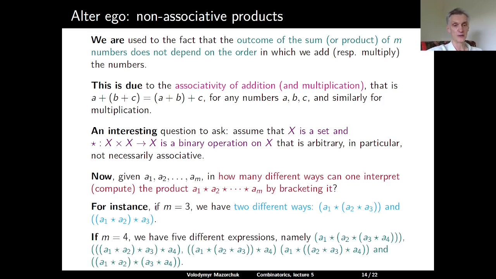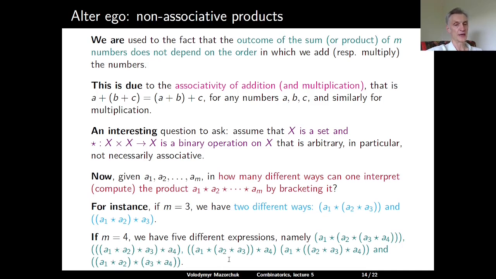If m is equal to 4, then we have 5 different expressions. Namely, if we want to multiply a1, a2, a3, and a4, we can first multiply a3 and a4, then multiply the outcome with a2, and then multiply the outcome with a1. Or we multiply a1 and a2, then multiply the outcome with a3, and then with a4.